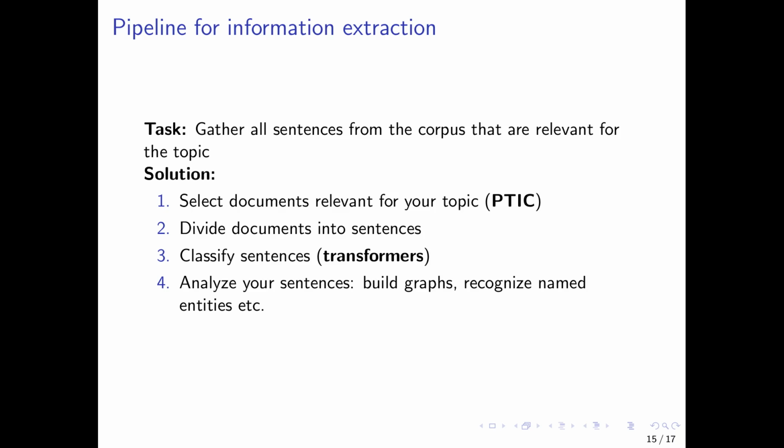Then we propose to divide selected documents into sentences. Next, we classify these sentences using a Transformer model. After that, we select the relevant sentences. Then we obtain the relevant sentences, on which we can perform other downstream processing, such as building graphs, named entity recognition, etc.